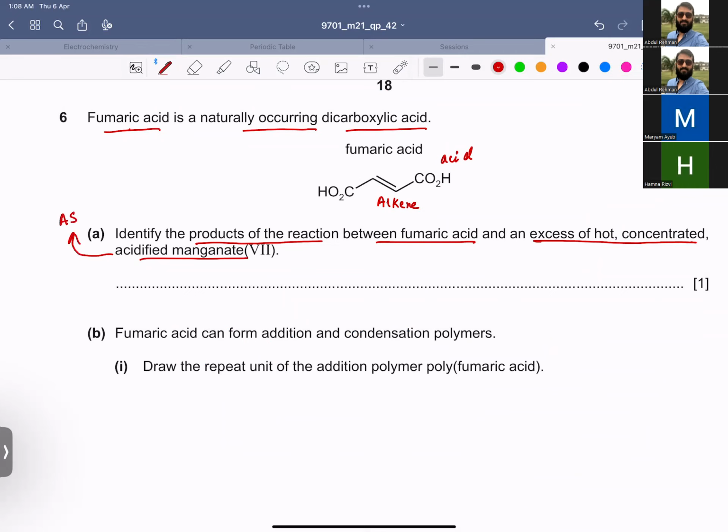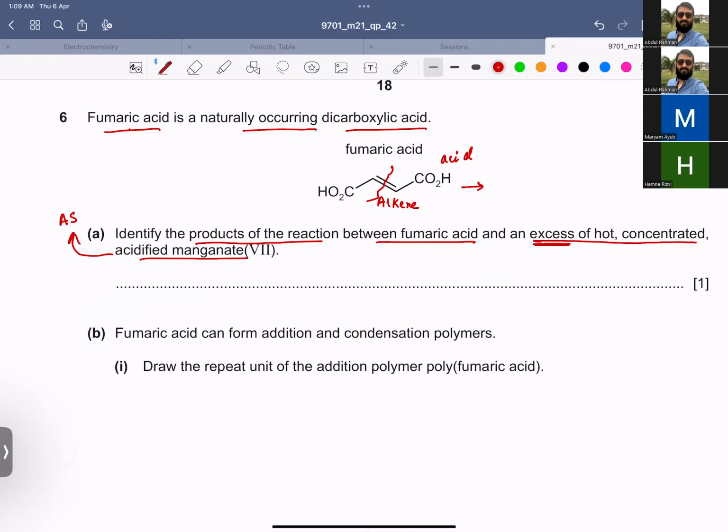So whenever we use hot concentrated acidified manganate, the molecule is broken down into two parts where there is a carbon-carbon double bond. And see, there is another important thing, excess.